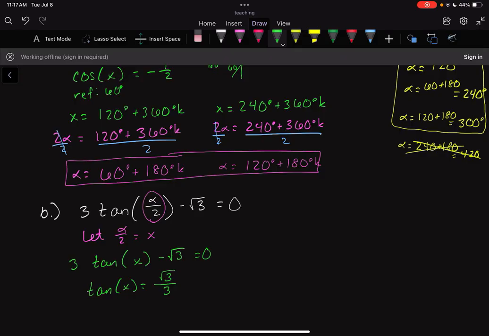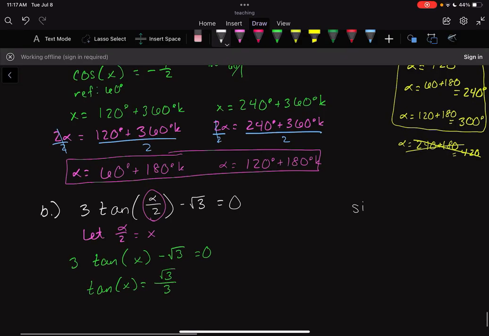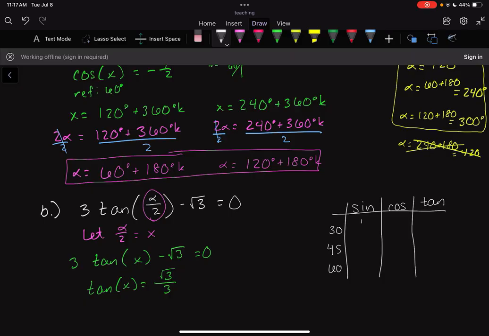Now when I go to my table, just writing that out.